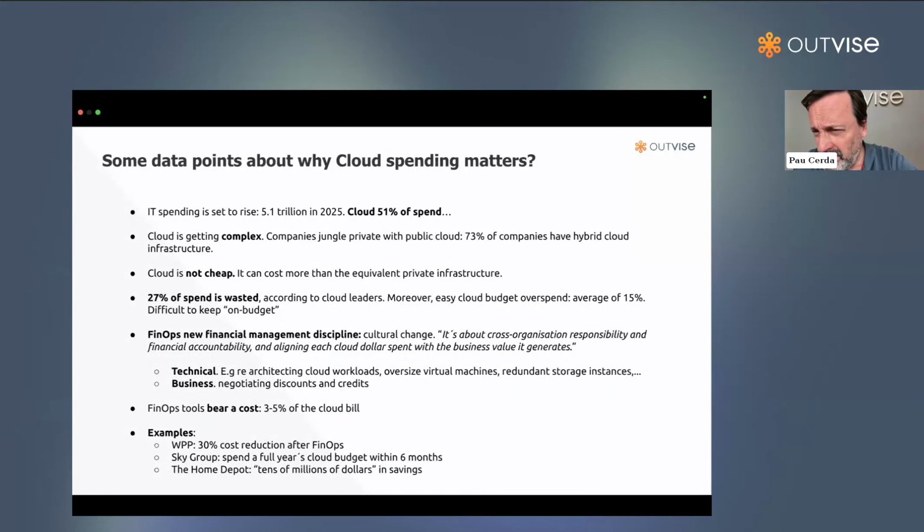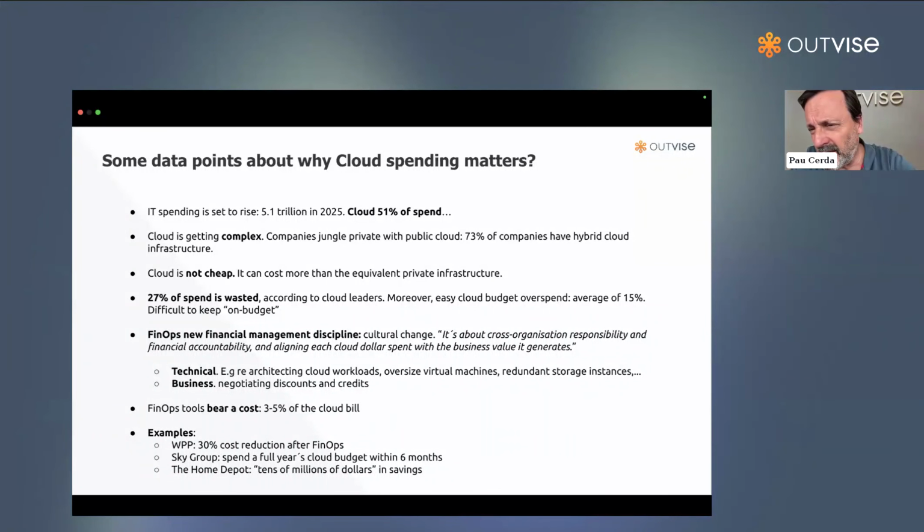So third, cloud is not cheap, right? We have super advantages like the scalability of the infrastructure, but that comes with a cost, and that's something that has to be thought through. Regarding waste, there are several statistics out there.